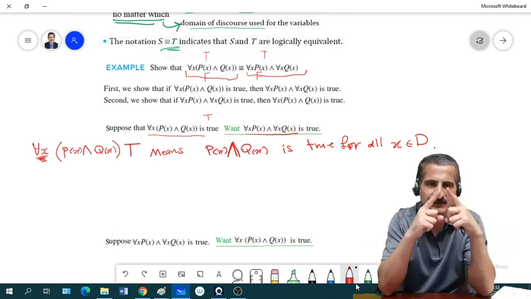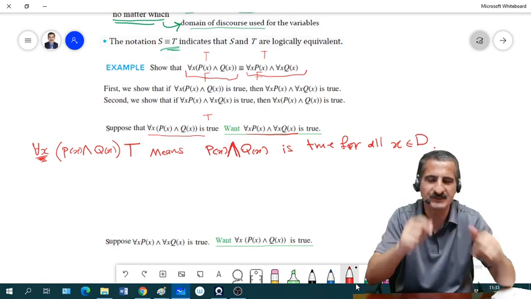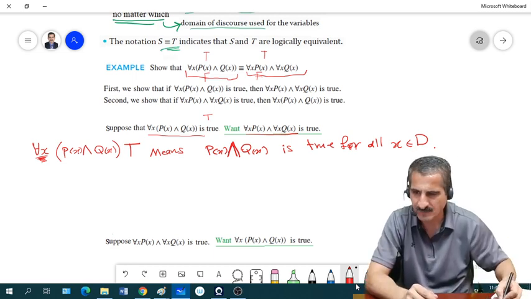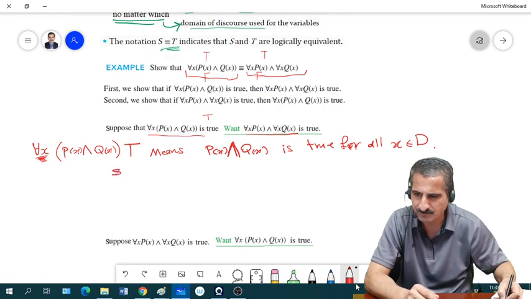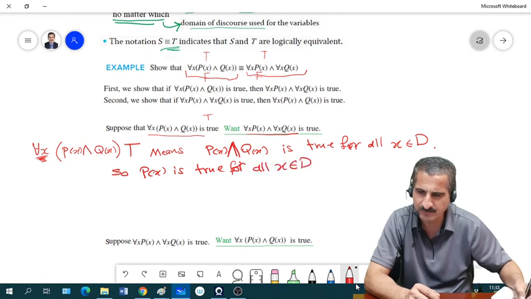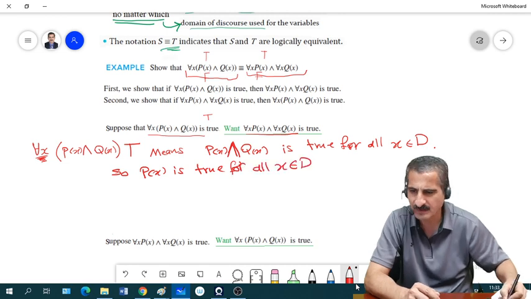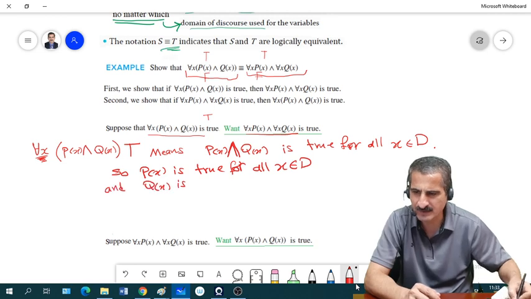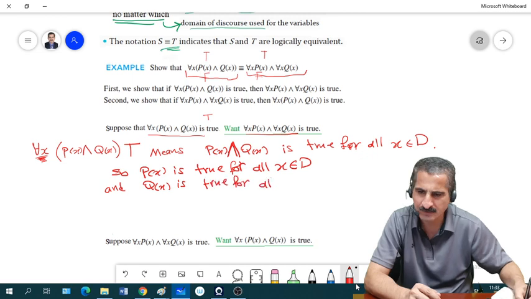A conjunction is true if both sides of it are true. So p of x is true for all x in the domain, and q of x is true for all x in the domain.